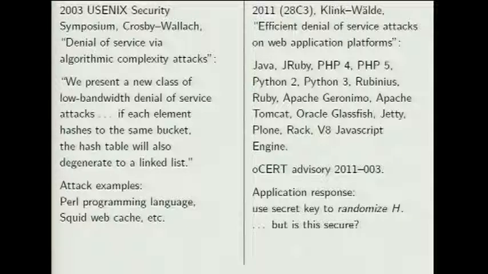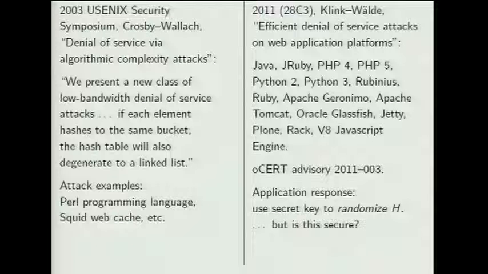The most common response from these applications, and also the response that Perl took back in 2003, was to secretly randomize the hash function. Instead of having a hash function that everybody knows, that the attacker knows and can try finding strings that all hash to the same value, have a hash function that is random and secret, so the attacker doesn't know what the hash function is.